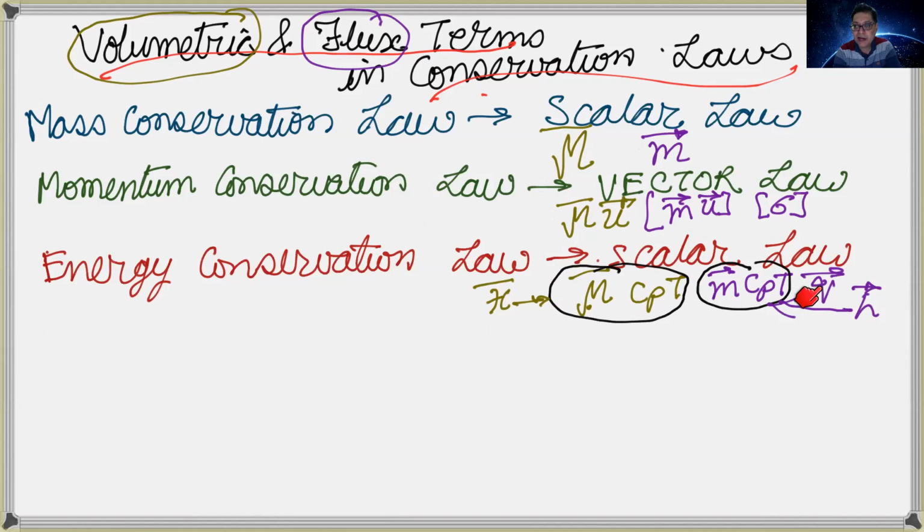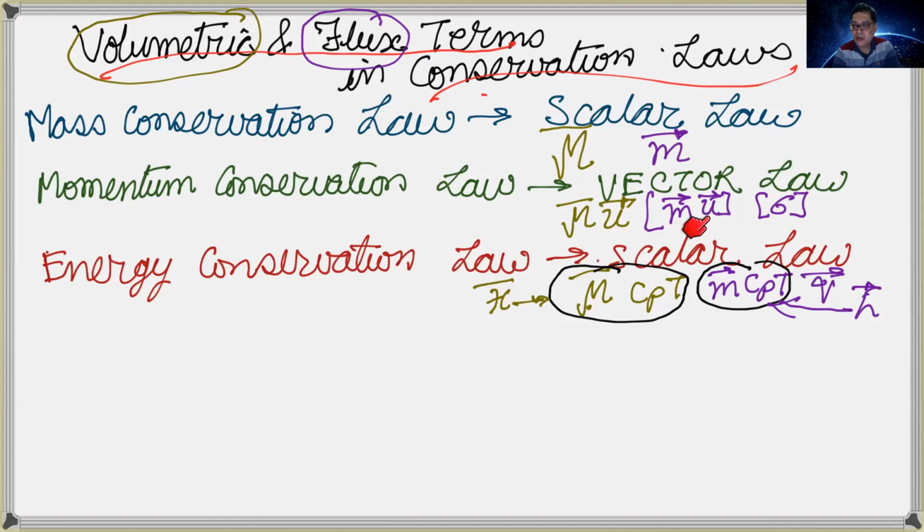Whereas if you see this vector law, Newton's second law of motion talks about momentum and force. They are vector quantities, whereas mass conservation and energy conservation talk about mass and enthalpy, which are scalar quantities. So in a vector law, the volumetric term is a vector because you have a velocity here, and the flux term is a second order tensor.